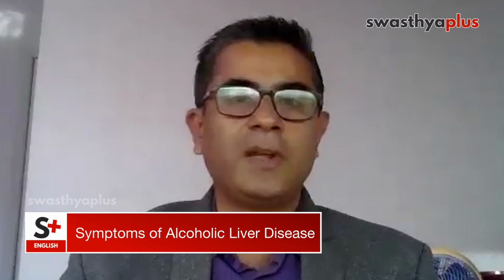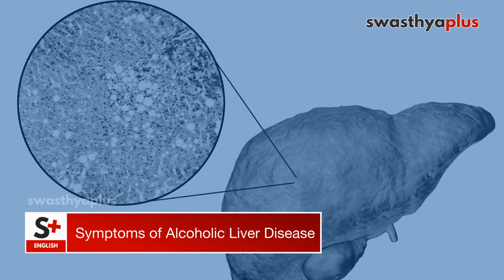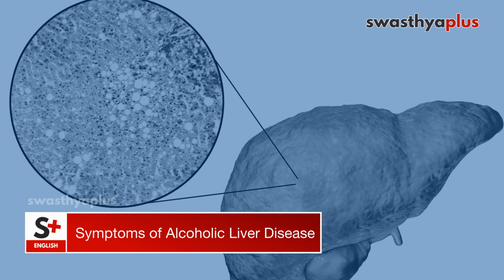Alcoholic liver disease pertains to dysfunction of the liver. Gradually, over some months or years, the liver's metabolism starts going down. The initial symptoms are what you must have heard of, fatty liver, where the amount of fat in your liver cells increases.